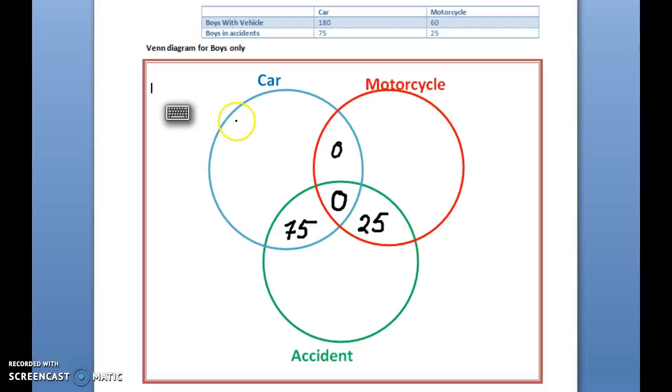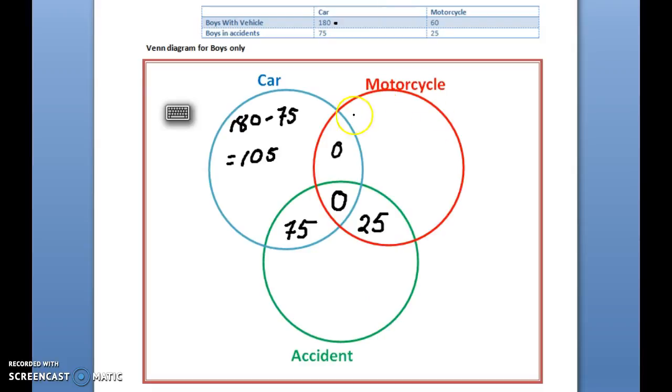You just use 180 subtract 75, which gives you 105. So 105 should go here. When you check your answer, the number that goes here plus the number in the intersection, anything in the blue circle, has to total up to 180 because that is the total number of students who have a car.